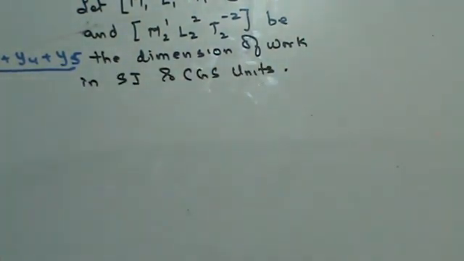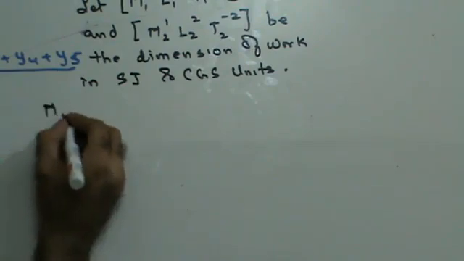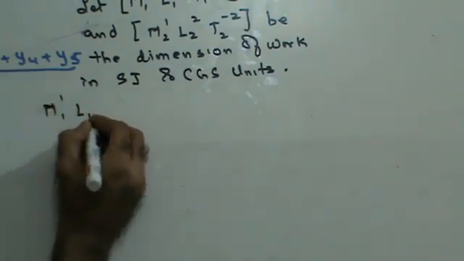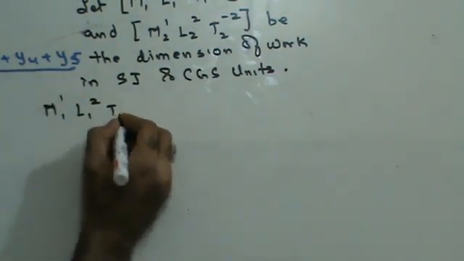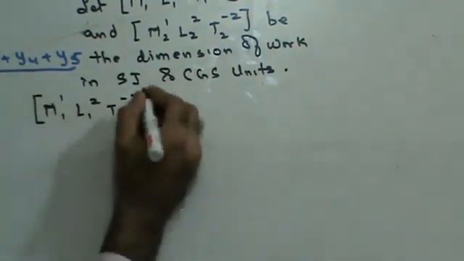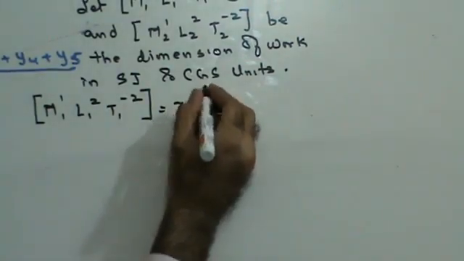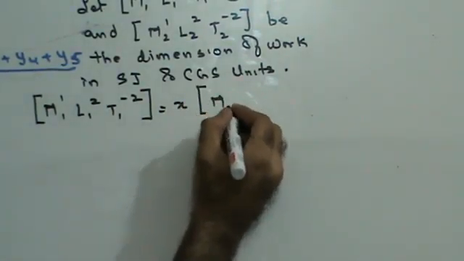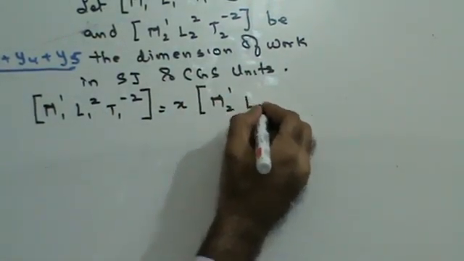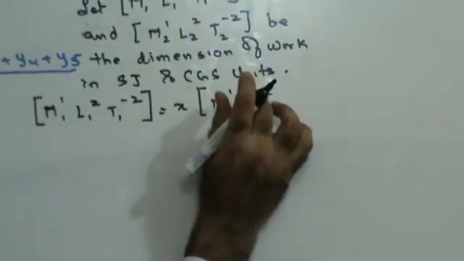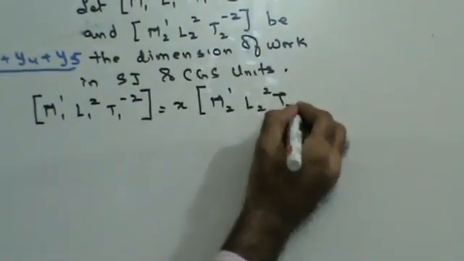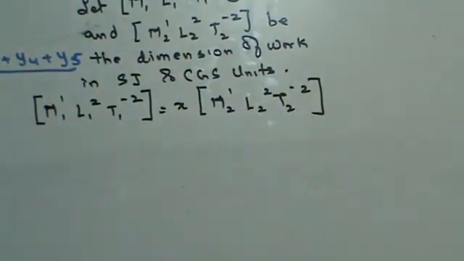Since both are dimensions of work, dimensionally they should be equal. That means M1 raised to 1, L1 raised to 2, T1 raised to minus 2, that is your SI unit, should be equal to X times the CGS unit, M2 raised to 1, L2 raised to 2 and T2 raised to minus 2, right?